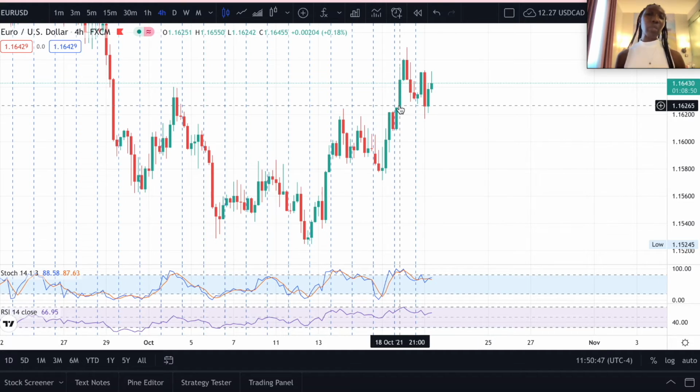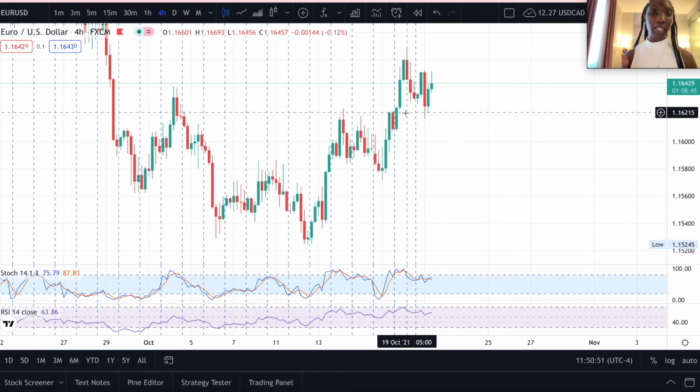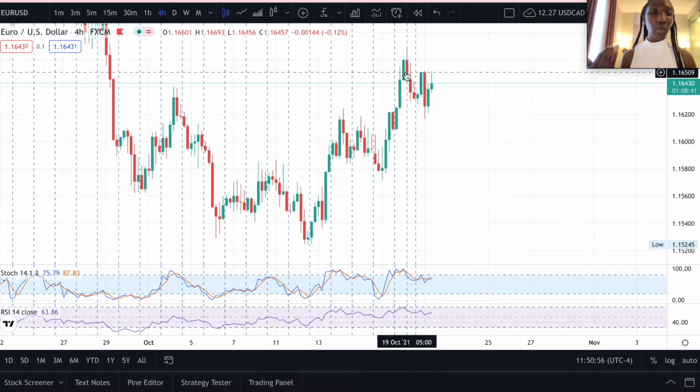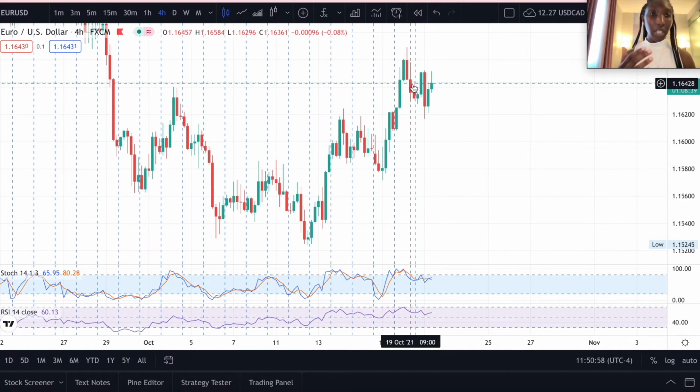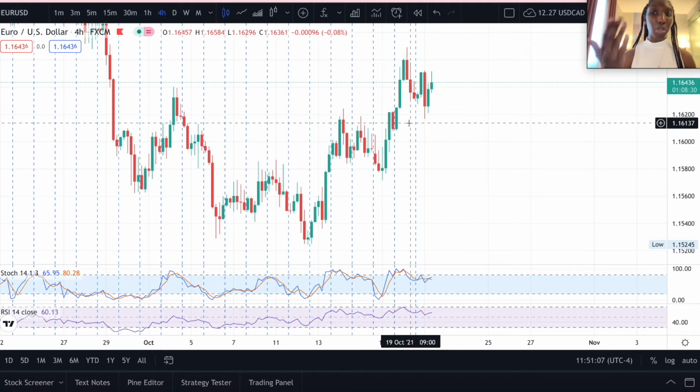So if that helped make sense of it, right? As we're buying, the market is going up, right? So the value of the euro is going up, but I'm getting rid of my US dollars, and the US dollar is actually falling, meaning that the strength of the US dollar is going down because the euro is going up.